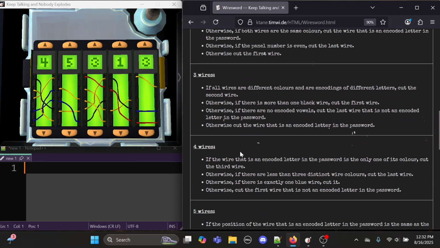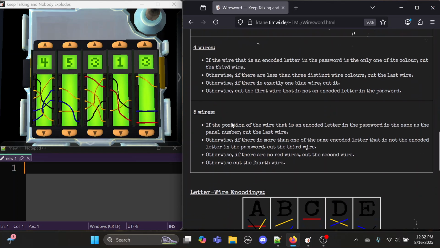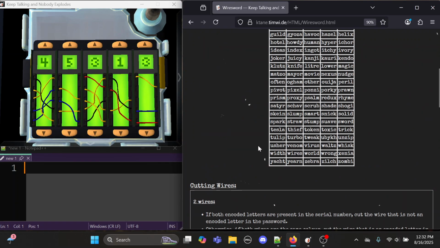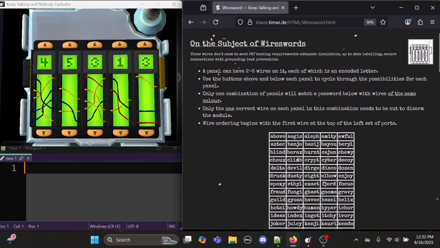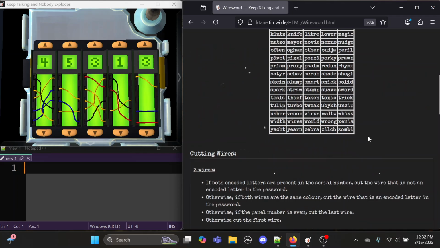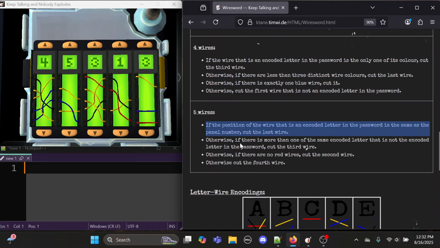So let's start off with the first one. We have 5 wires. If the position of the wire that is an encoded letter in the password is the same as the panel number, and this is where the position comes in. The wire ordering begins at the first wire at the top of the left set of ports. So, if the position of the wire that is the encoded letter of the password is the same as the panel number.